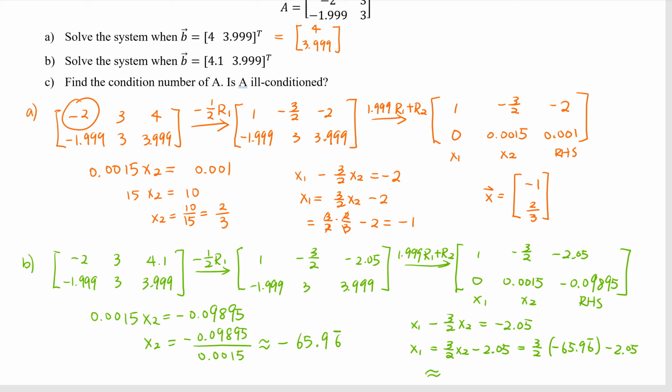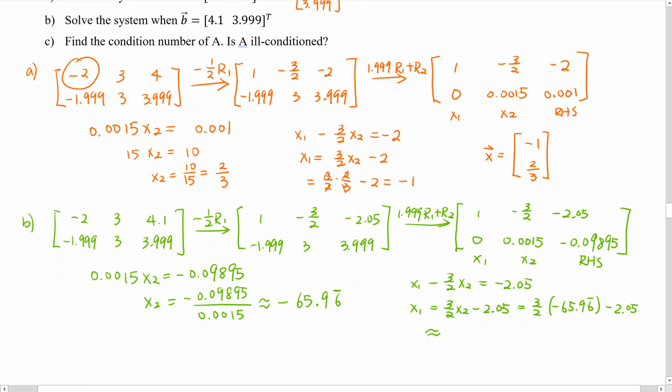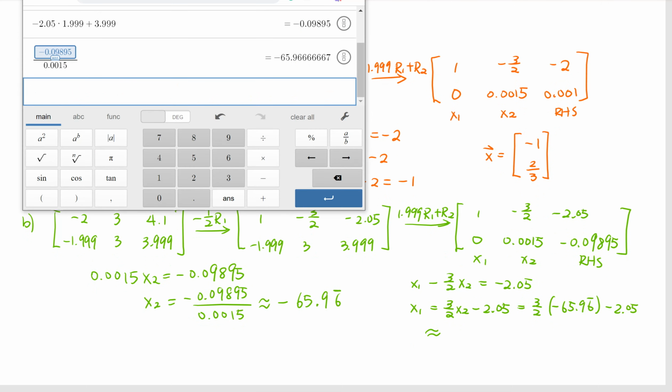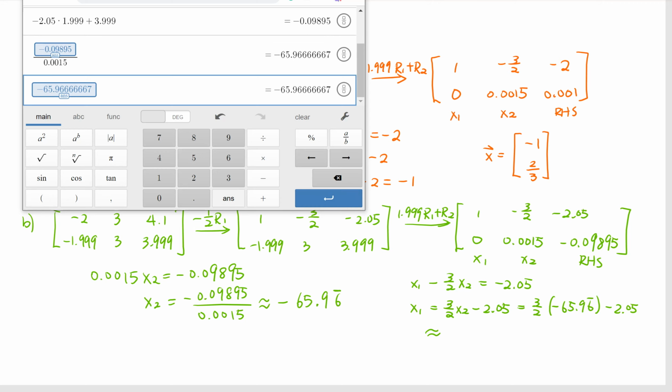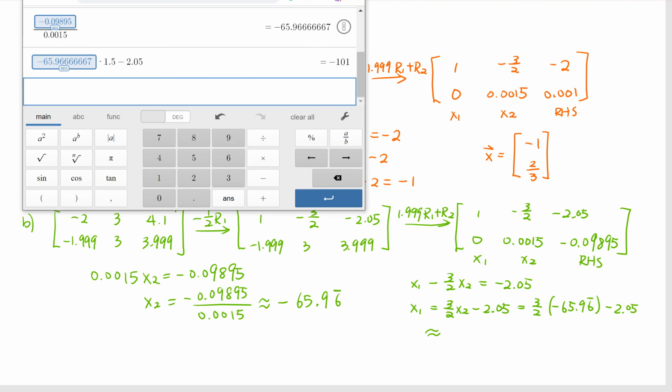Let's plug this into our calculator: our answer times 3/2, which is 1.5, minus 2.05. The answer is negative 101.